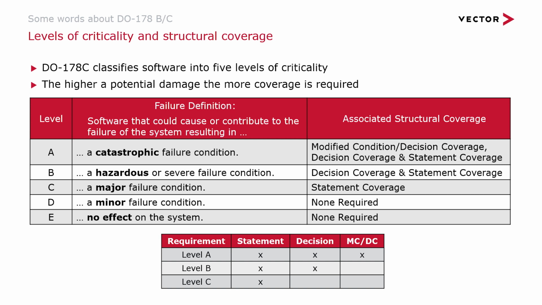Now, what I find interesting is that this idea of criticality can be found in almost any standard that we looked at, and also common for all standards, not only avionic, is that the higher the criticality, the more code coverage you should measure. And the idea is that by measuring a higher level of code coverage, we will also expect to find more issues, to find more problems, to find more bugs in the software.